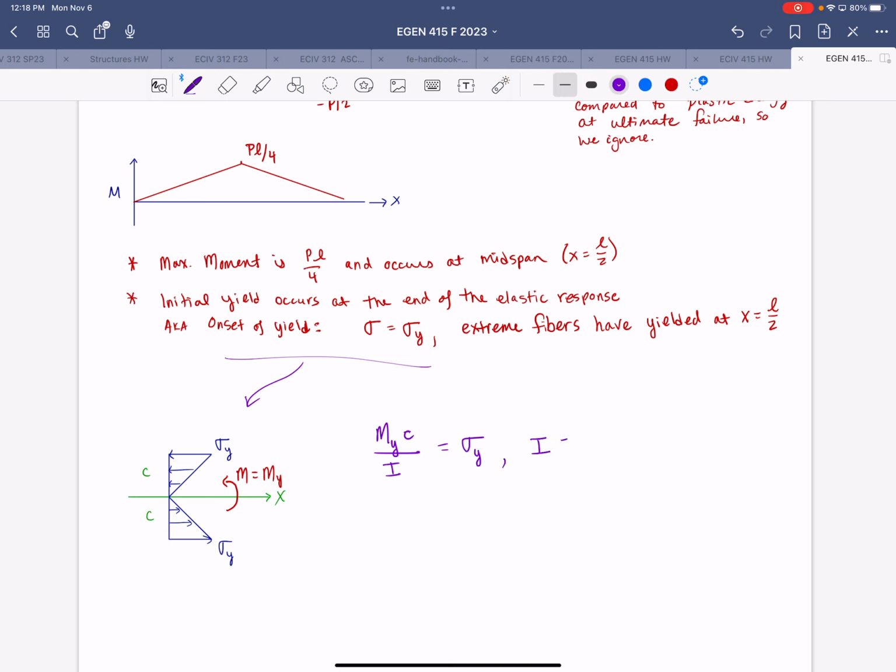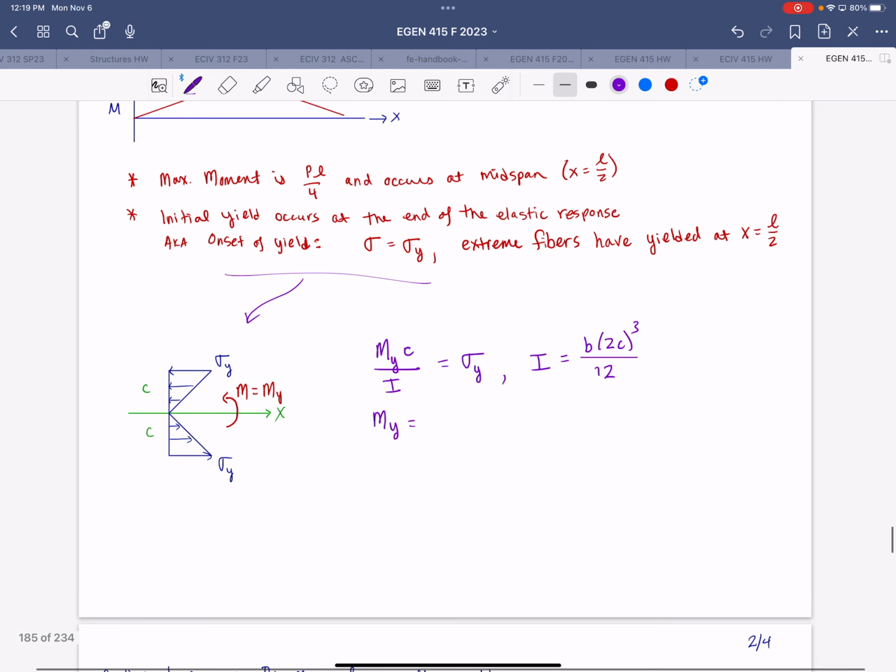For a solid rectangular cross-section, we'll write the moment of inertia in terms of the dimensions: b times the height 2c, and that gets cubed, over 12. So M_y, we can then write in terms of the cross-section dimensions and the normal stress. M_y is equal to the yield stress times b and 2c quantity cubed, divided by 12c.